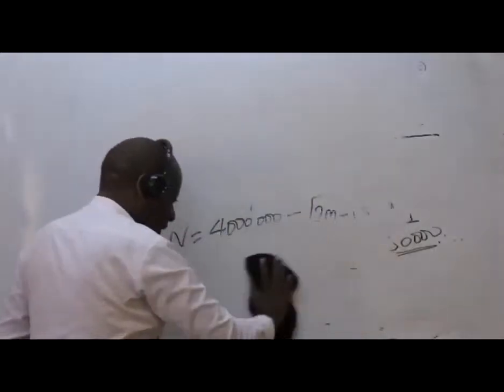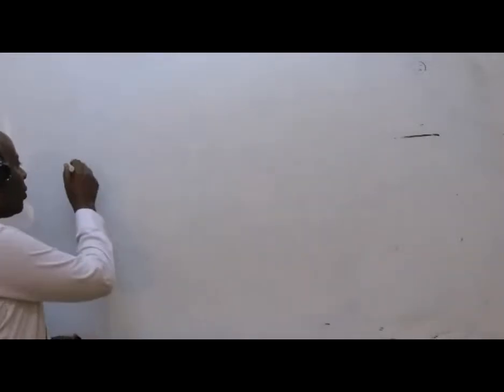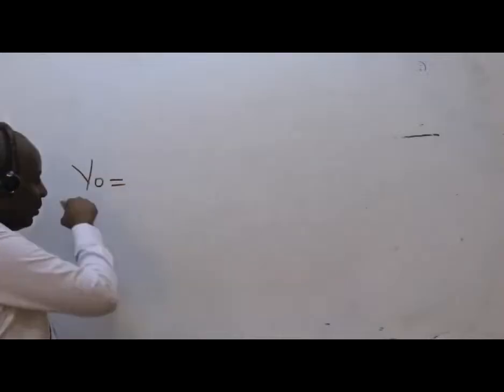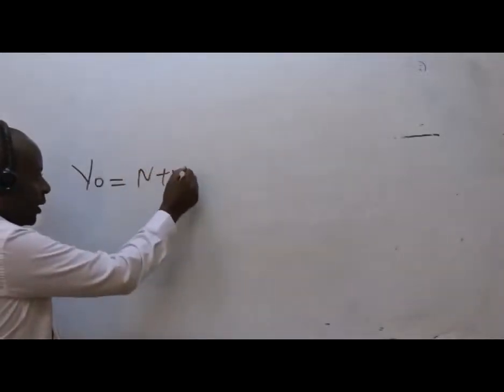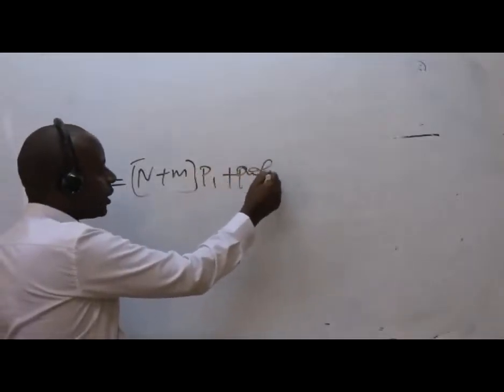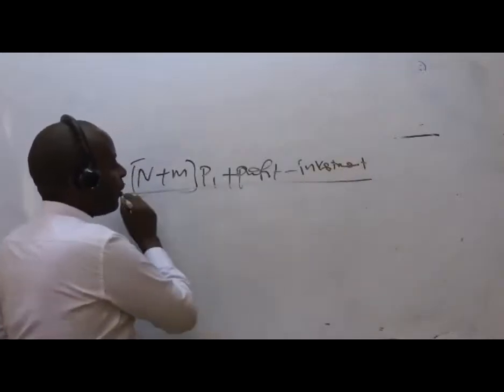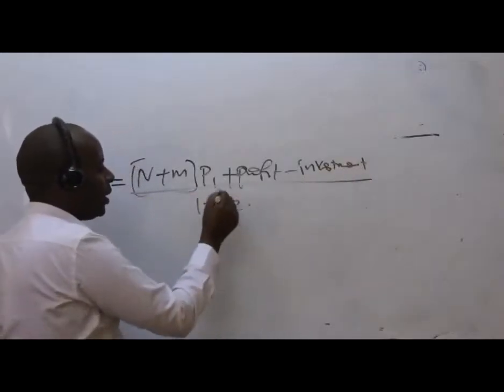So, ladies and gentlemen, this is what I will be having in my formula. My V0 will be equal to the new shares plus the old shares, multiplied by P1, plus any profit we generate minus any investments we shall make in the current year, all over 1 plus KE.